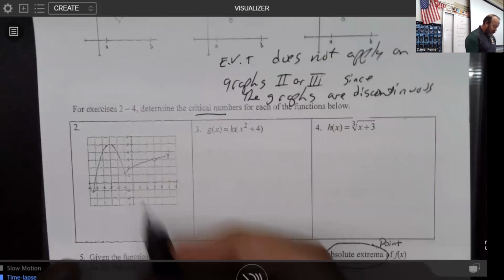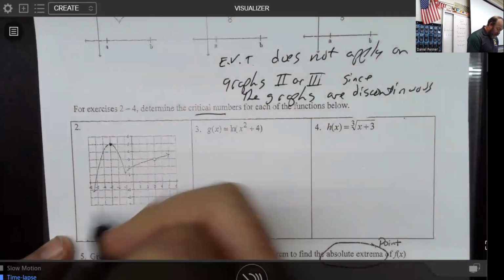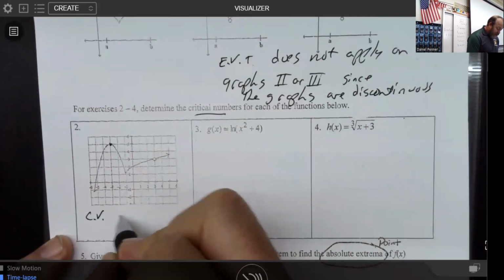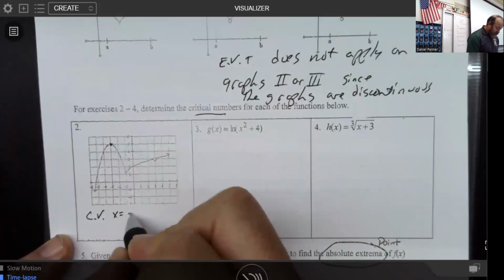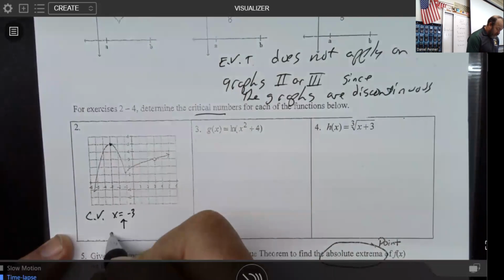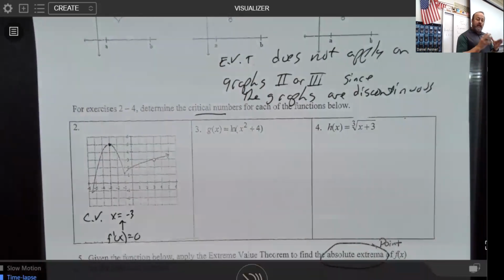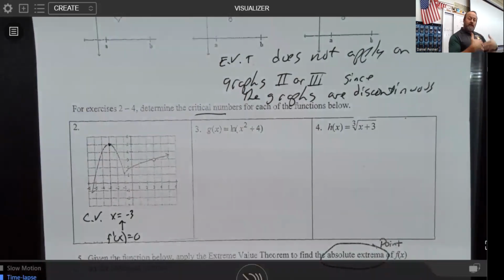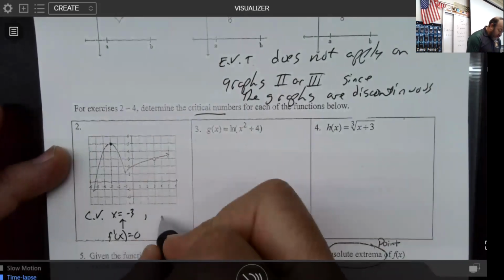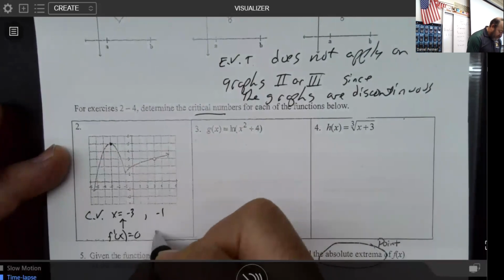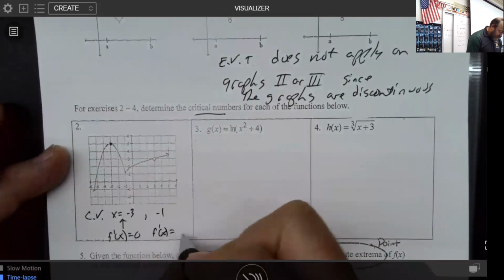So this particular problem has a critical value right here at x equals -3 because f prime was 0. And that is in the domain and its derivative is 0. We also have a critical value at -1 because f prime of x is undefined.